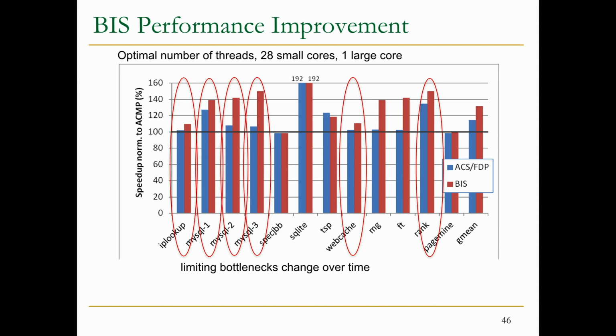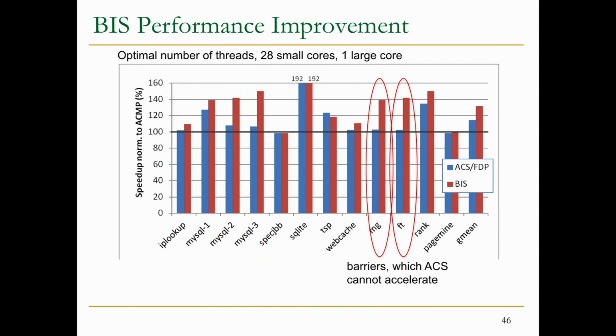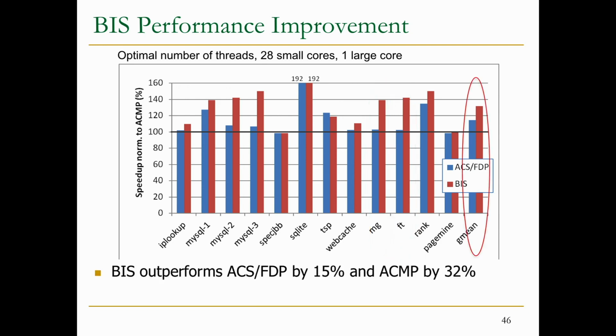Now we have a good heuristic that tells us this is likely a limiter portion, and we accelerate that one. Unfortunately, SPEC JBB is upset over here. You can see that it doesn't gain a lot, but that's normal, I think. Some workloads will not gain a lot. For these other workloads that are barriers, accelerated critical section cannot accelerate, but this work can because it's more general. And overall, you get significant performance improvement.